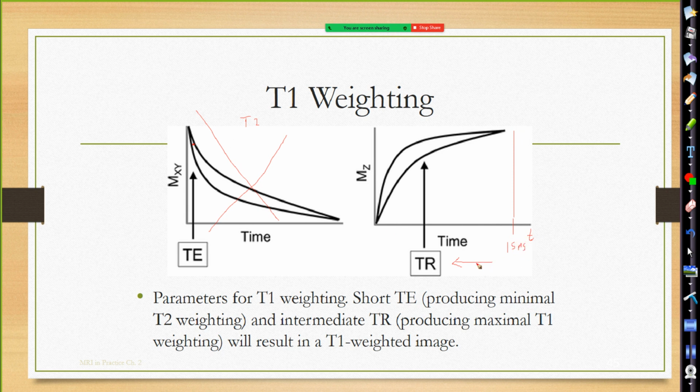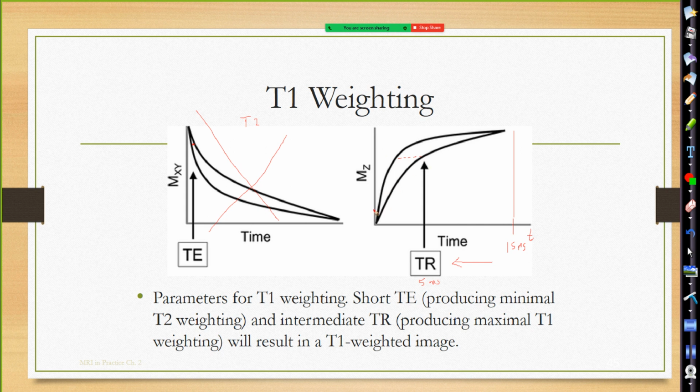But here, our TR is now shifted over to the left, and our time is a lot shorter. Let's say it's 5 milliseconds. So it's quicker. Okay? And look at the difference between the tissues now. So they're going to be two completely different shades of gray, or bright or dark, on your image.